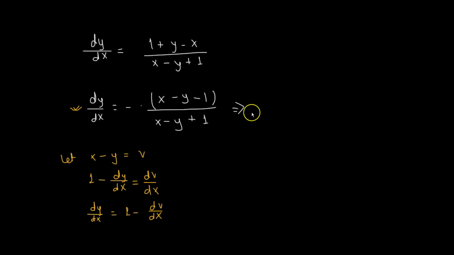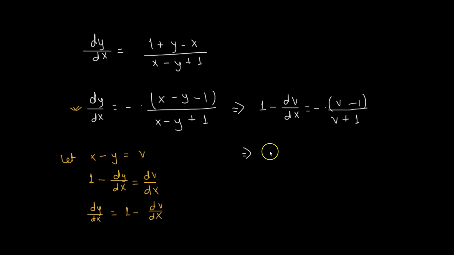So this will now become 1 - dv/dx = -(v - 1)/(v + 1).